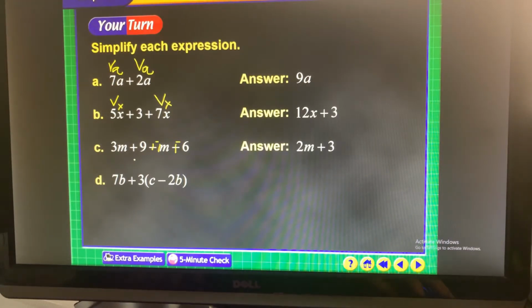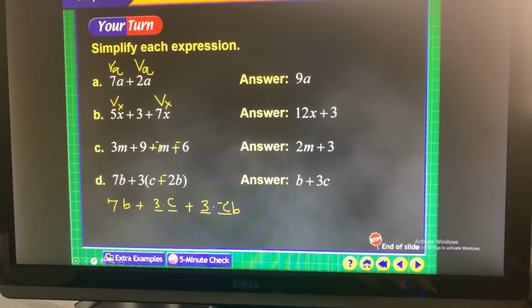There you go. This one has the distributive property, plus line, plus line, has subtraction, 3 times C plus 3 times negative 2B. And put them all together.